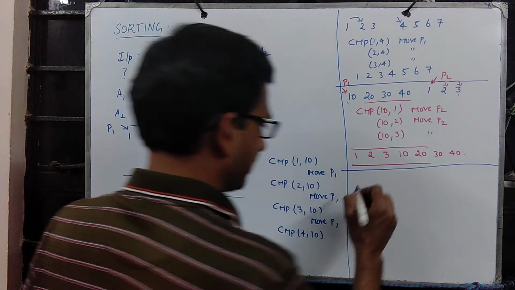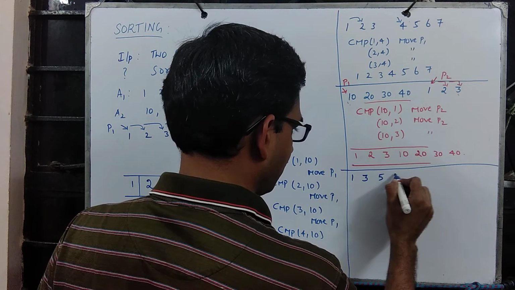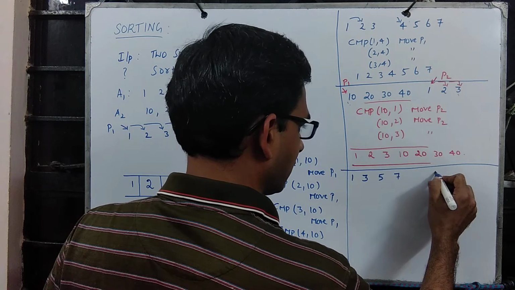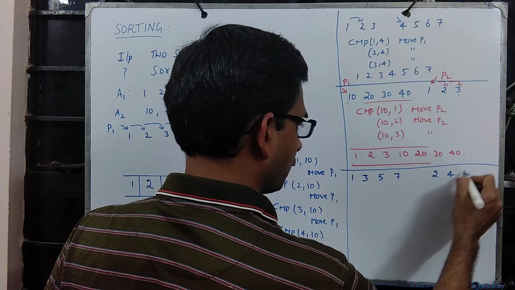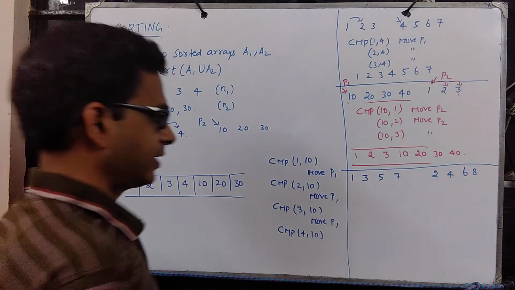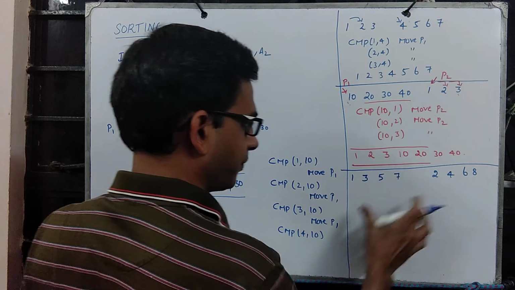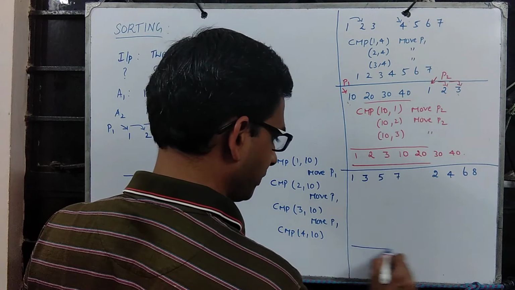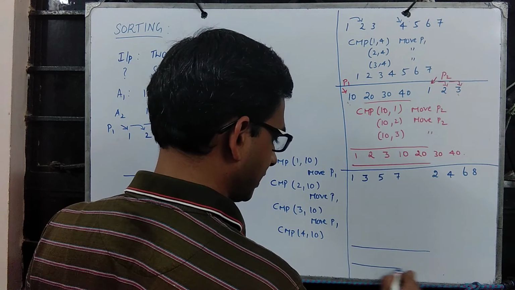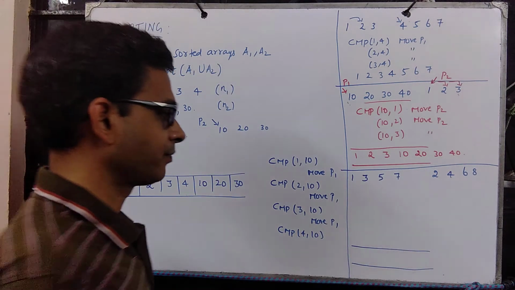Let's look at this case study. You have 1, 3, 5, 7. The other array is 2, 4, 6, 8. A very interesting case study. This one is sorted, this one is sorted. We are going to merge them to create a sorted array of size 4 plus 4, which is 8.